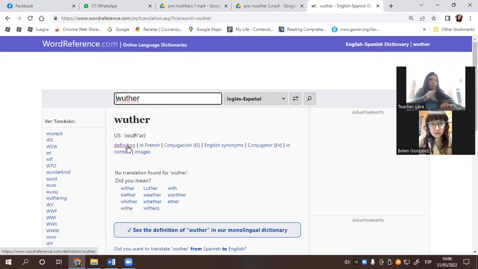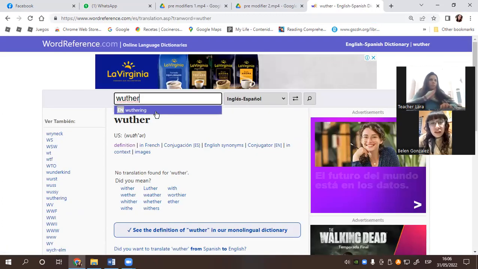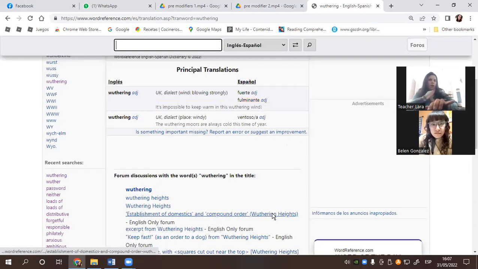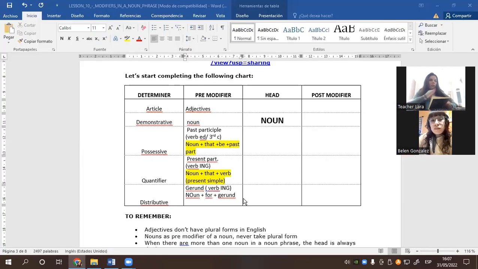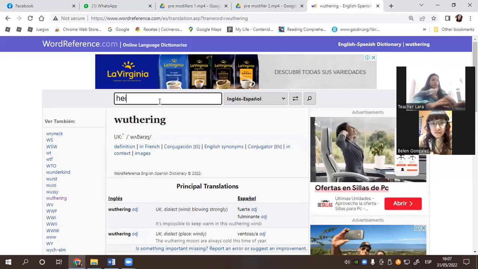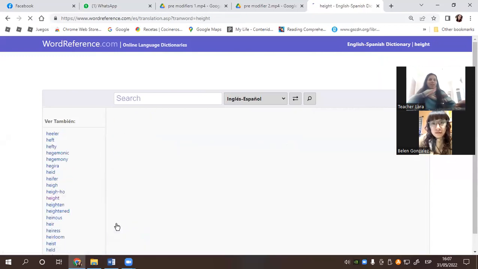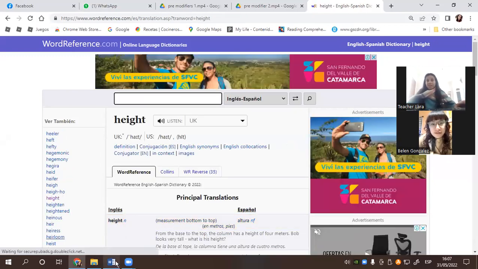But let's take the rule into account. Let's check if this is a present participle. Which was the other word? Heights. It is written heights but pronounced heights because it comes from high. I always have doubts with that one, but I'll show you.